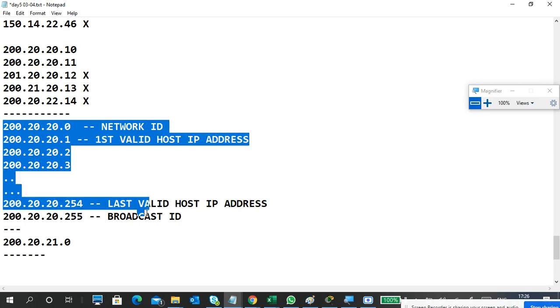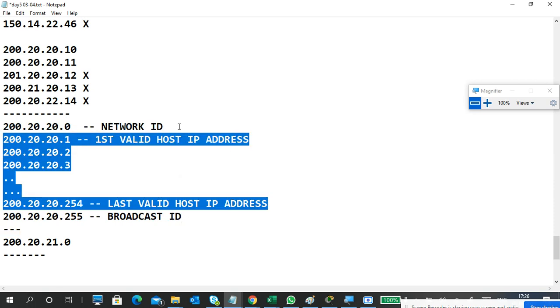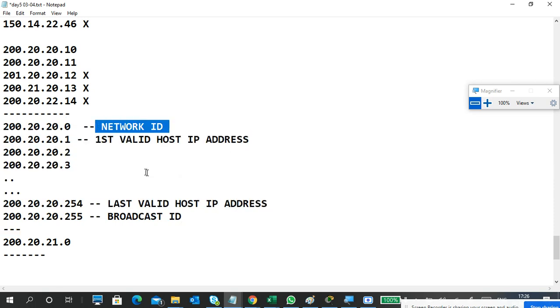So this is entirely one network. These are valid host addresses, and one is the network ID, another one is the broadcast ID. So these we don't use to configure PCs.